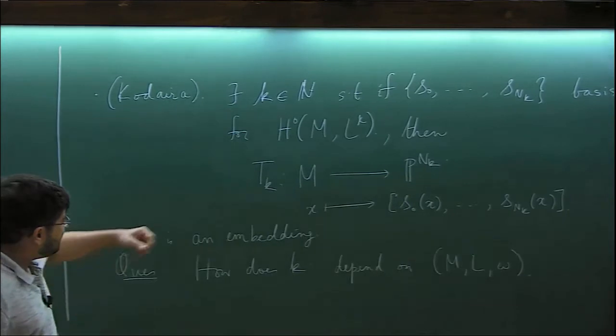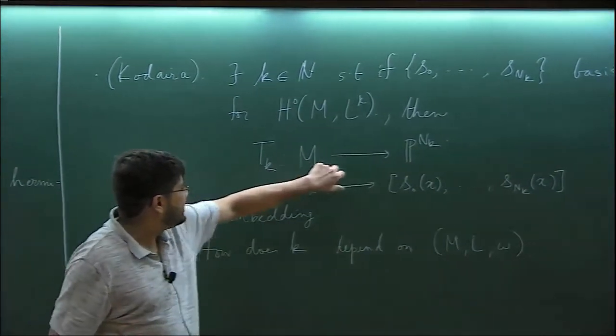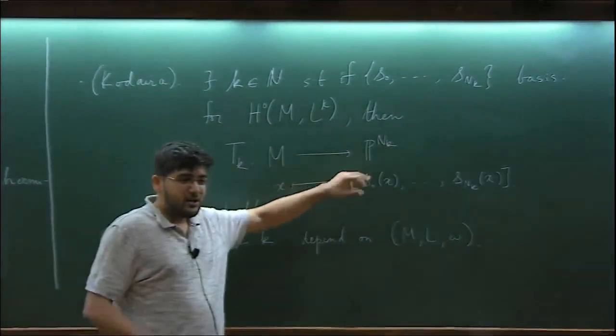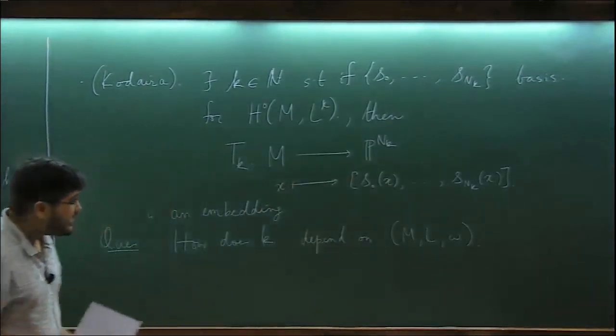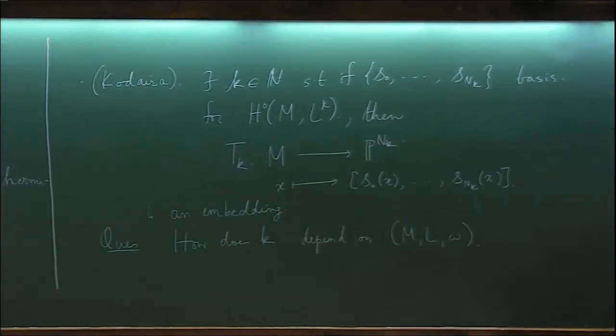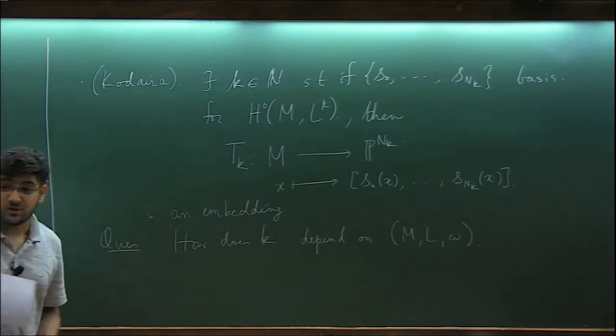It's very convenient if you can actually embed that manifold in one particular projective space. Okay, the reason is that algebraic geometers already know how to construct, for instance, moduli spaces of subvarieties of P^n of a given degree. So that's called the Chow scheme, right? And you can also construct the Hilbert scheme and so on.